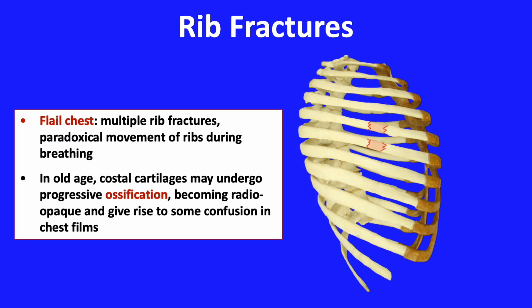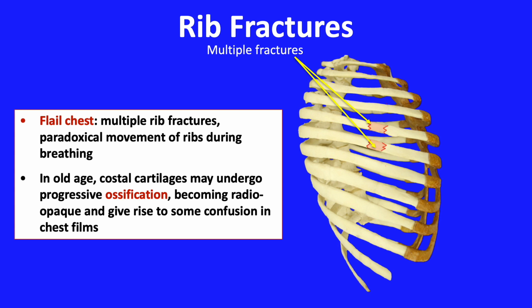A special kind of rib fracture, and one that generally requires immediate treatment, is flail chest. This occurs when multiple ribs fracture. In this situation, paradoxical movement of ribs during breathing takes place. That is, the broken segment of ribs is inhaled when the chest expands to breathe.